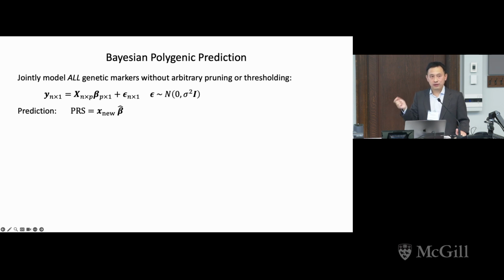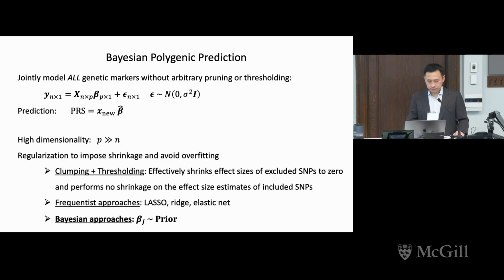The new beta means you are not actually taking the beta from the GWAS summary stats. You take the beta, you do Bayesian modeling, and that gives you an output of a new set of betas that solves the LD problem, solves the causal SNP problem, and solves the Winner's curse and the GWAS effect size adjustment problem. And that new beta is going to give you a much better estimate of the PRS.